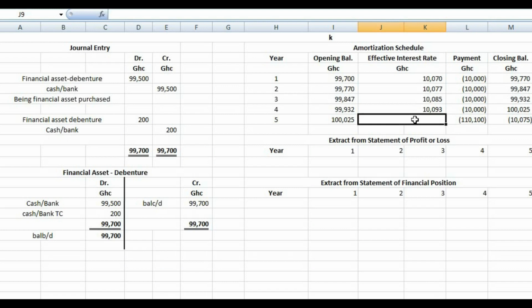So that's 10,075. So we won't have any closing balance here. So instead of reporting 10,103 as effective interest, we'll report 10,075, not to have a balance here.